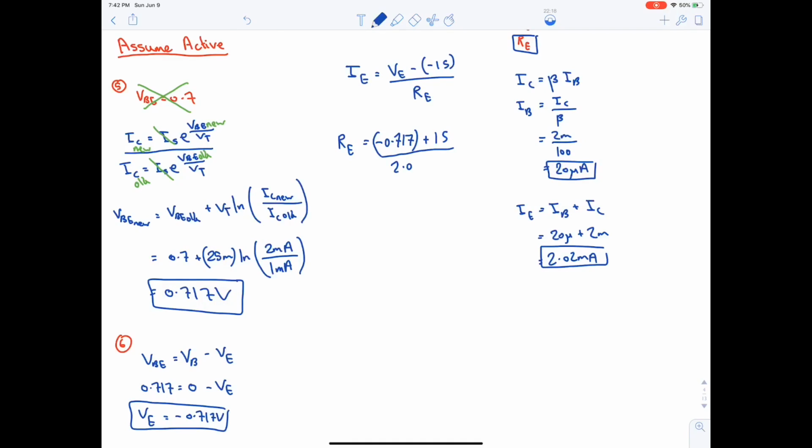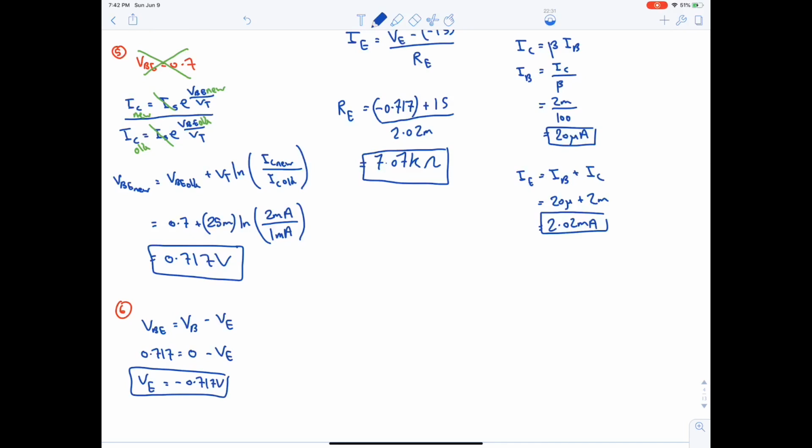IE is 2.02 milli. This will give us 7.07 kilo ohm. That's RE. Now we have to find RC.